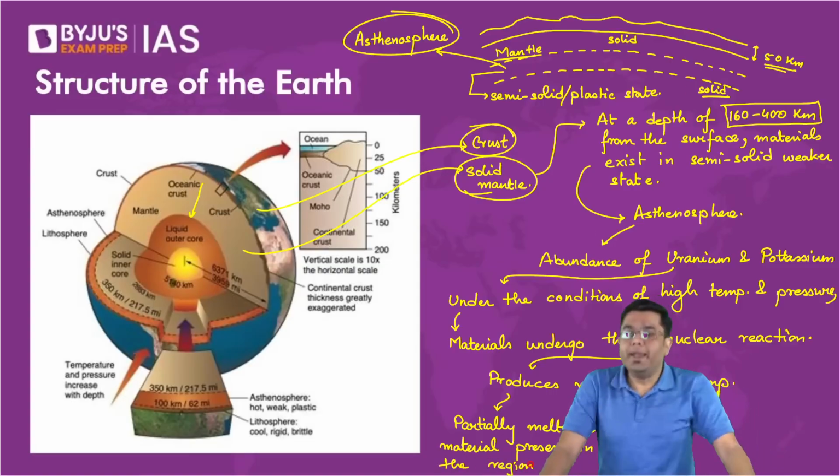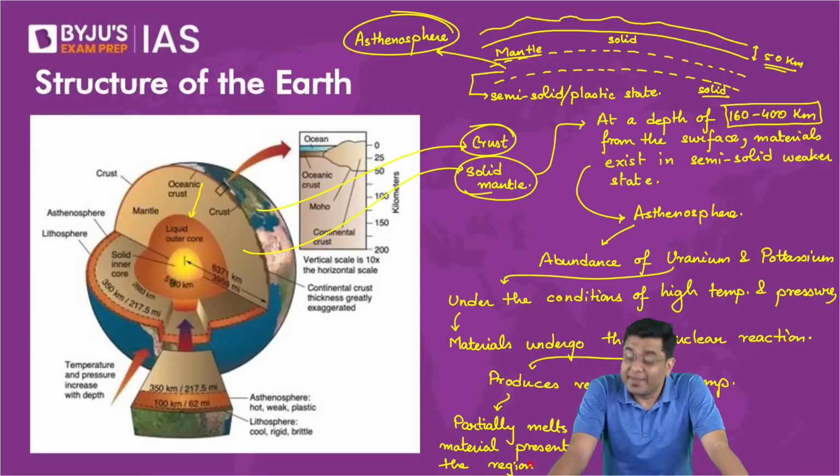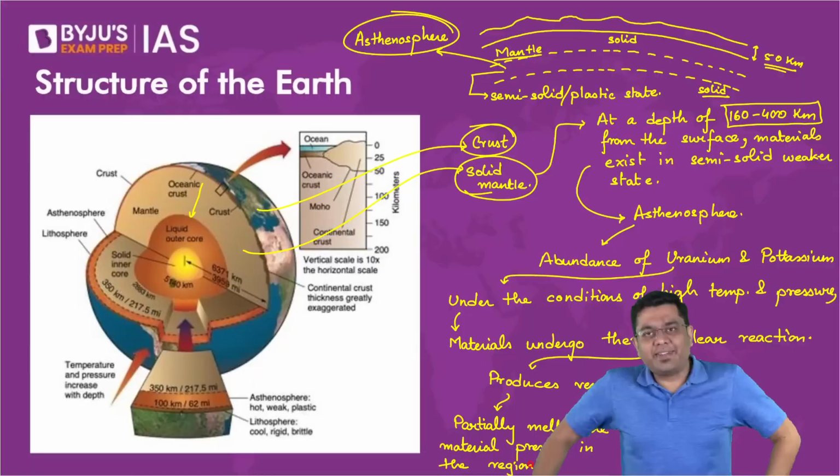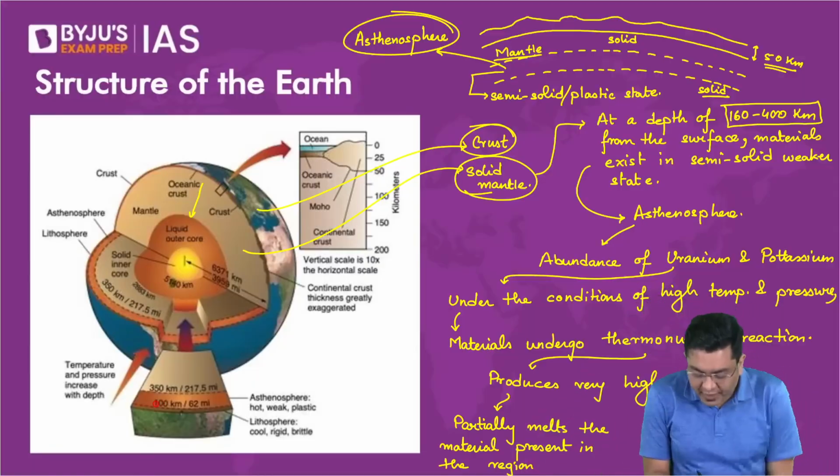So that is why the asthenosphere, which is present in the upper portion of the mantle, is in a semi-solid or semi-liquid plasticky state. And that is why it is referred to as asthenosphere, because asthenosphere refers to a kind of weaker layer.